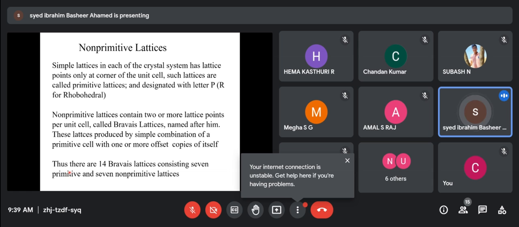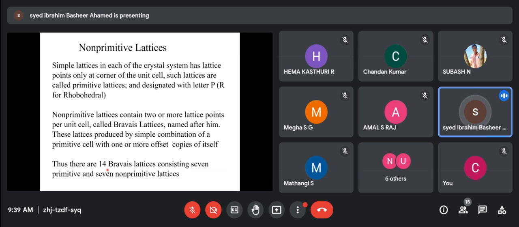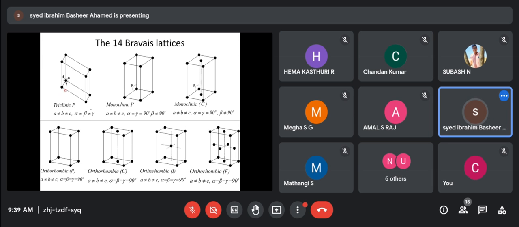Therefore there are 14 Bravais lattices, which consist of 7 primitive and 7 non-primitive lattices. Right. So here you can see for triclinic, you have the lattice points only at the corner. You don't have lattice points anywhere else in the cell. Okay. So triclinic exists as a primitive cell.